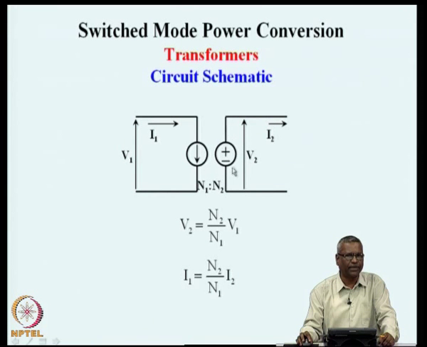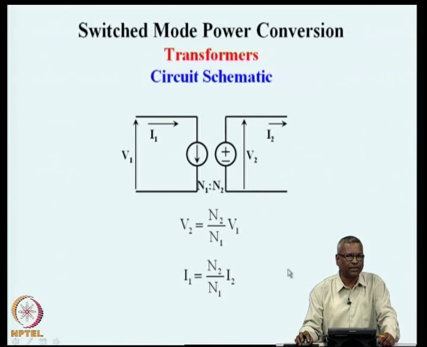So, this is a dependent voltage source, and when a load is connected here, it will result in a secondary current, and the secondary current will set up a dependent current source here, where I1 is N2 by N1 times I2, and so the primary current is decided by the secondary current multiplied by N2 by N1, and the secondary voltage is determined by the primary voltage multiplied by N2 by N1.